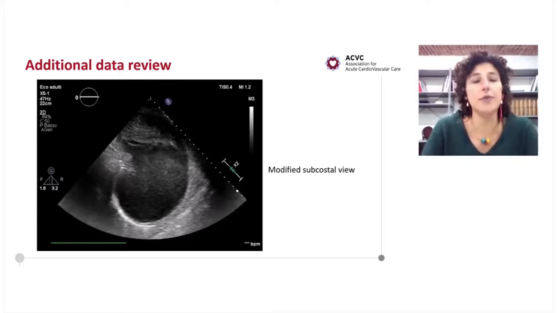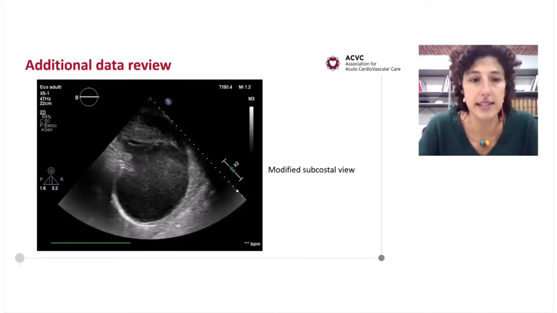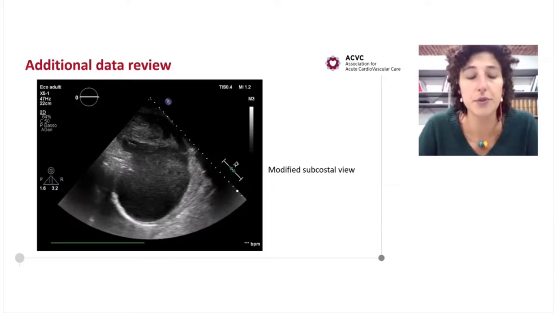So we decided to perform a contrast-enhanced CT to confirm this data and also to exclude hemorrhagic complication given the reduction of the hemoglobin and the data of hypovolemia. And I have to remind you that the first hypotensive episode had occurred 15 minutes after the removal of the arterial sheath in the femoral artery.